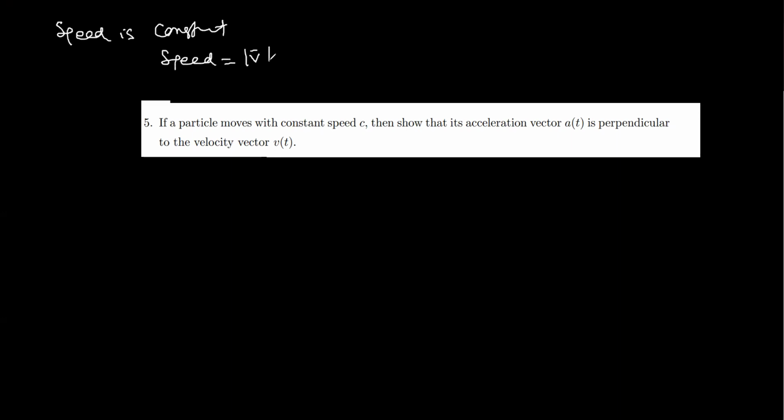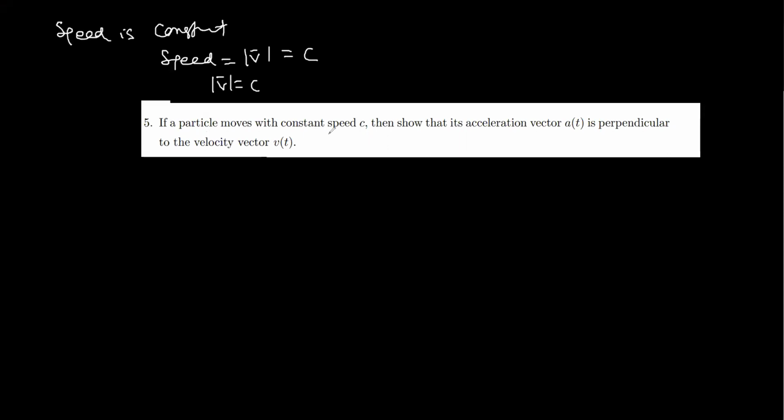Modulus v, and constant c is given. From here you got one thing: modulus of vector v is c. Understood?